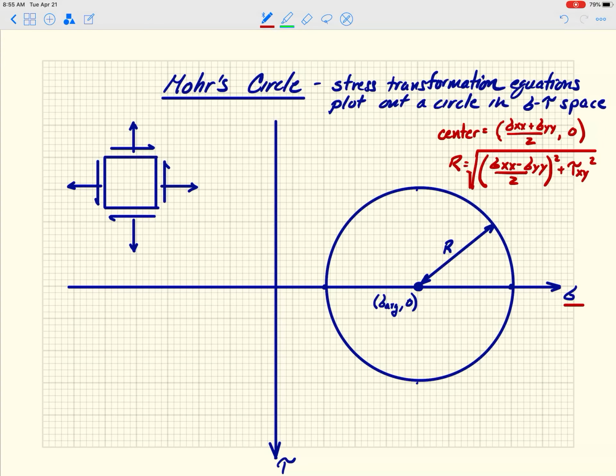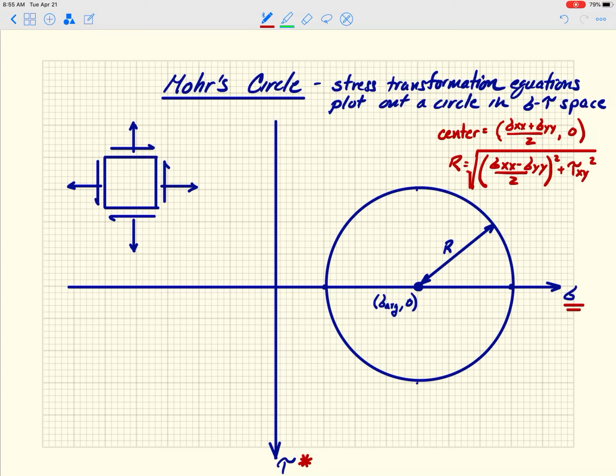A couple of things I need to point out here. One is that the sigma, the normal stress, is positive to the right, and the other, which is really important, is that your book does not do it this way. I don't know why; I think it makes it way more confusing. But I'm plotting the positive shear stress downward. I know that's confusing.